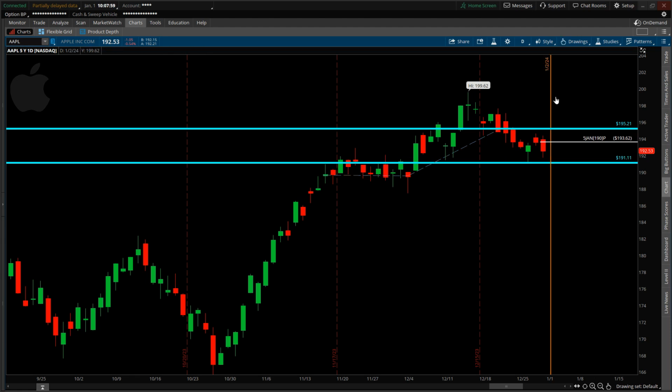Now, what's highlighted here is January 2nd. I'm interpreting that as the point where price will further decline, possibly leading to a break below 191, and hoping we hit that $190 strike price by the close of this Friday.